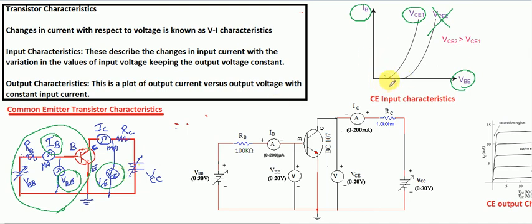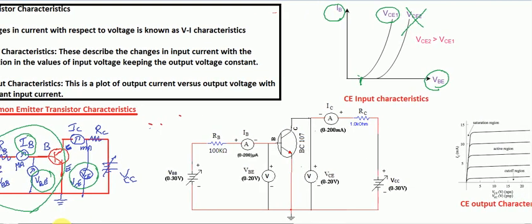There is a cut-in voltage, and after that the current starts increasing. As the voltage increases, initially there is no current, but after some particular value the current starts increasing. So this is the common emitter input characteristics of a transistor.